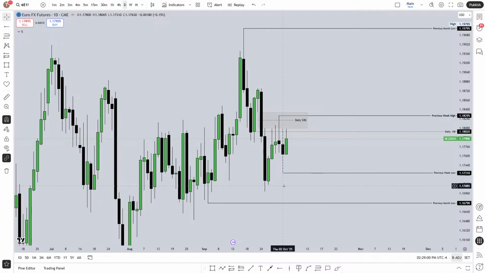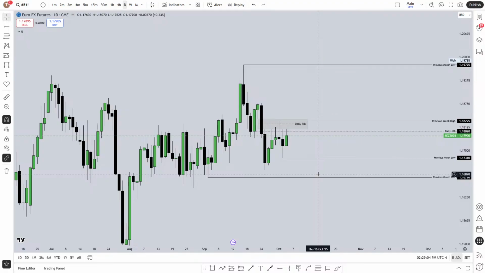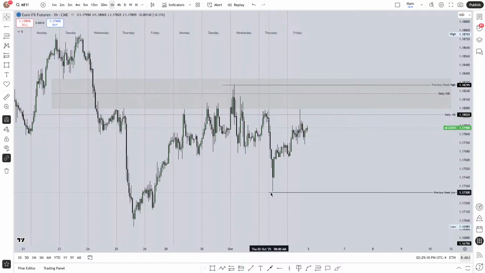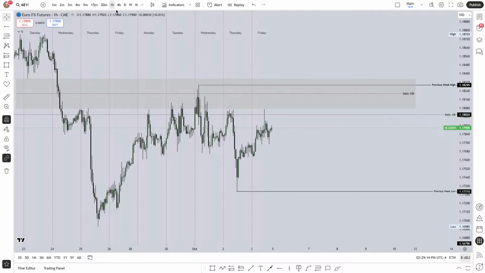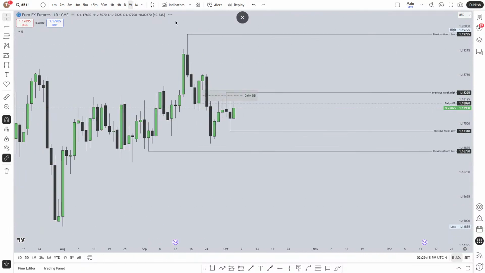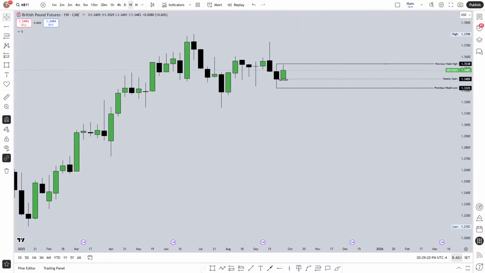But we have all these sell side targets. So I think that's why it's really been going back and forth, because it's just not able to make up its mind on what it wants to do here. Okay, so that is euro.